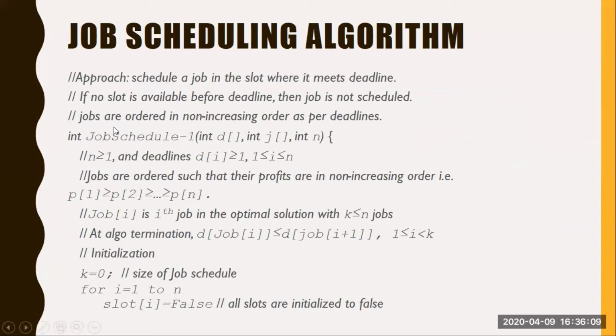So if I want to consider it as a detailed algorithm, first we arrange the jobs in decreasing order of profits. After that, I'm going to mark all the slots from 1 to n as false. n will be the highest deadline that I have, or the number of slots available before the deadline.